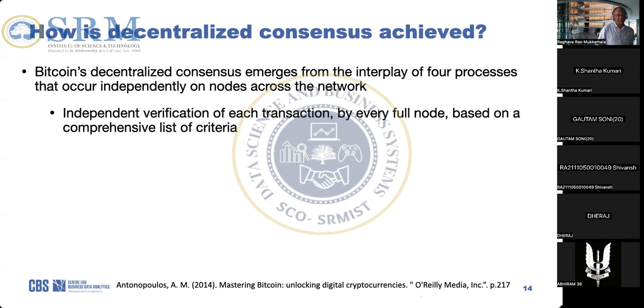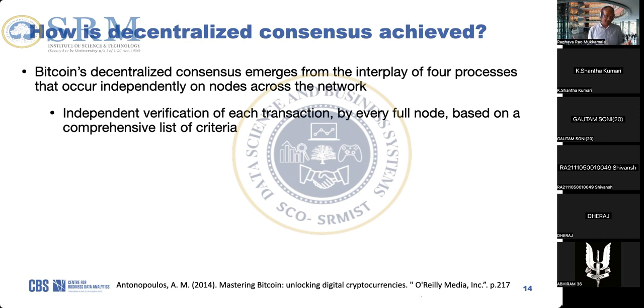Independent verification of each transaction by each full node based on a comprehensive list of criteria. So whenever there is a new transaction, all the nodes will verify whether the transaction is valid or not. That means a node cannot simply believe that the transaction is valid. They have to verify it themselves according to a set of rules.